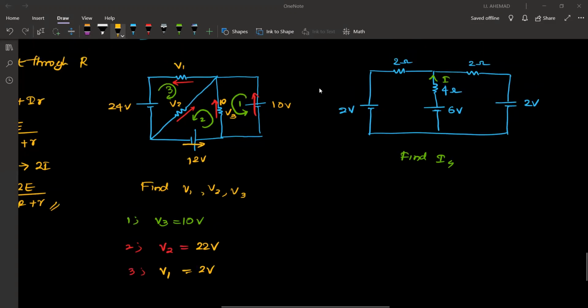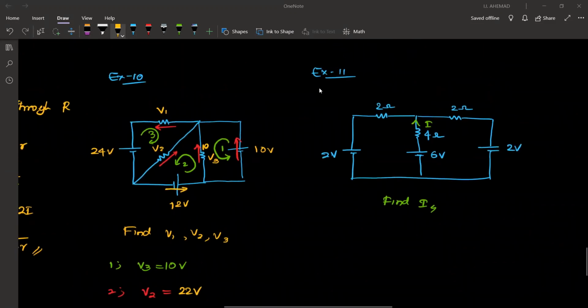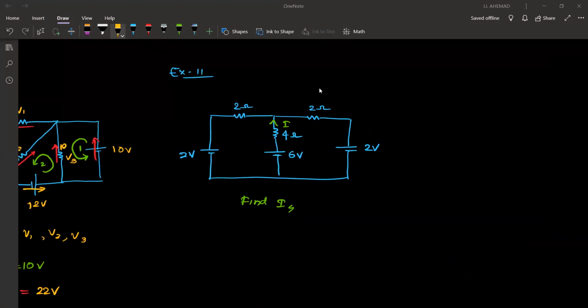Right, next one. Example 11. So look at this circuit, think about the symmetry, and after that mark the current. Okay. What can you tell about this circuit? About the center, it is symmetric, right? So how will the current divide? Will they divide equally or at certain ratio?